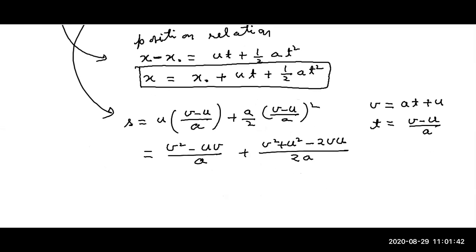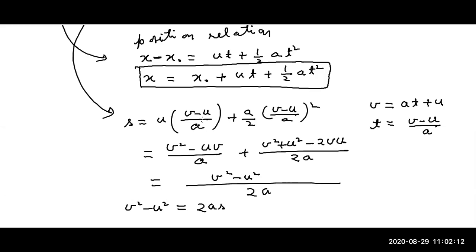So if we solve it further, 1 by 2a, and if we solve it further, we will have v square minus u square by 2a. So it will be v square minus u square equal to 2as.